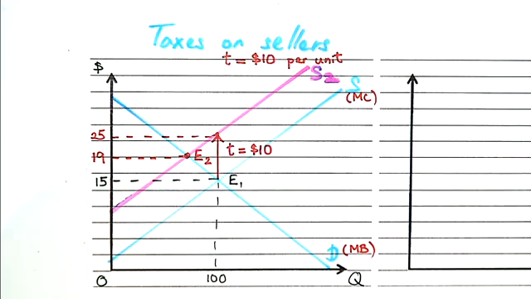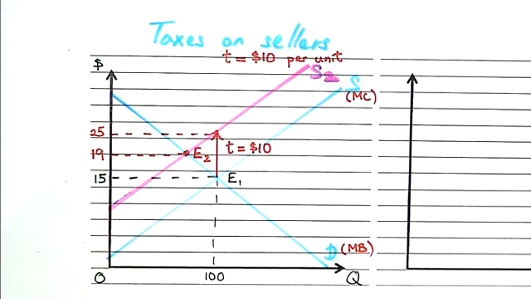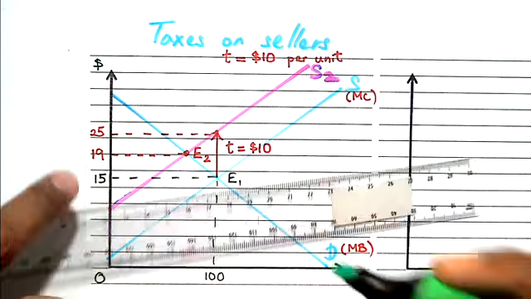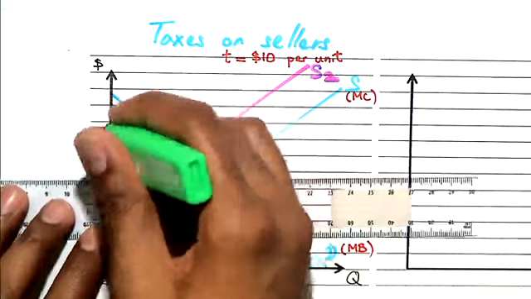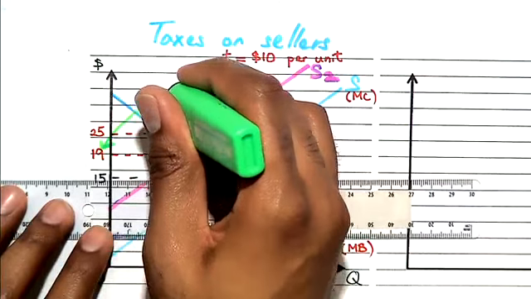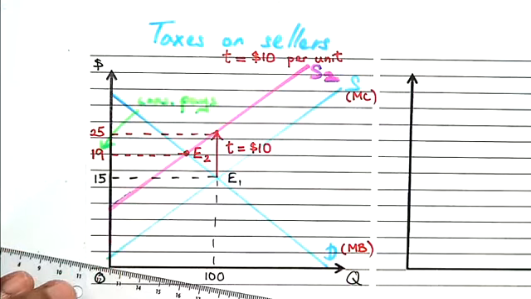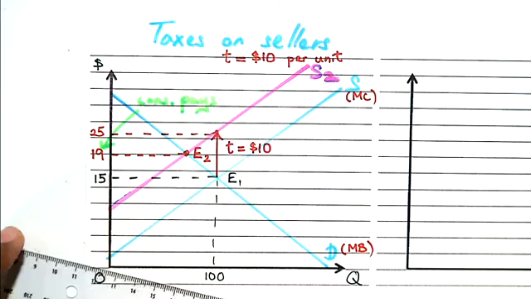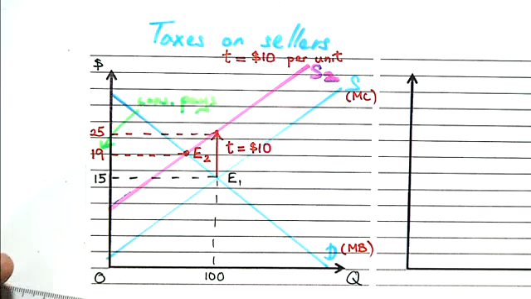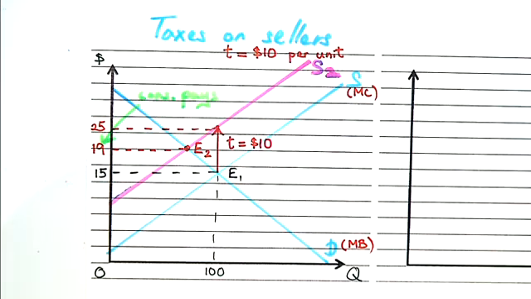Okay, so if you walk into the store, how much would you pay? 19, right? So you walk into the store, the consumer would pay 19. Does the producer get to keep 19? Because the tax is how much? 10.